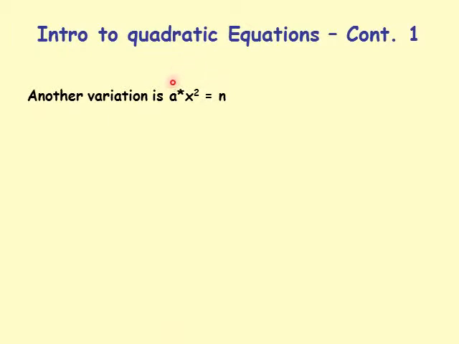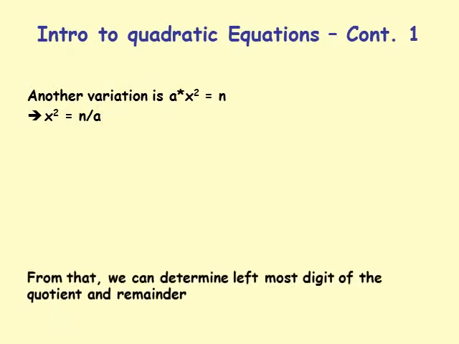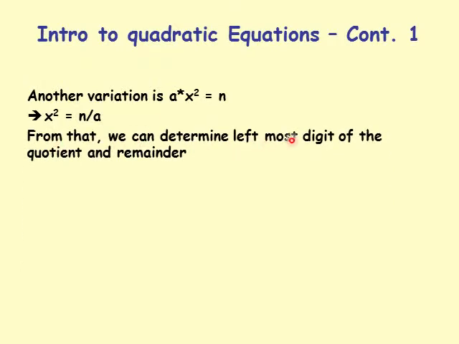Now, if you change the problem to a times x squared, then x squared is n divided by a. Divide both sides by a, that's what it is. From that we can determine the leftmost digit of the quotient and the remainder. From this n divided by a, we can determine the leftmost digit of the quotient and the first remainder. We can also say transpose a to the right: a was multiplied on the left, so it becomes divided on the right.